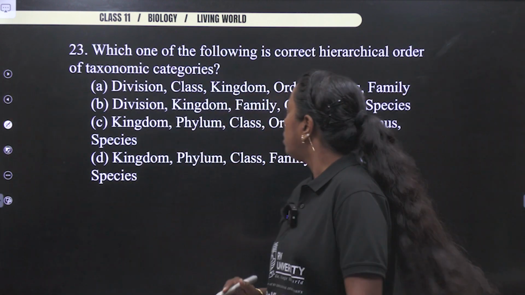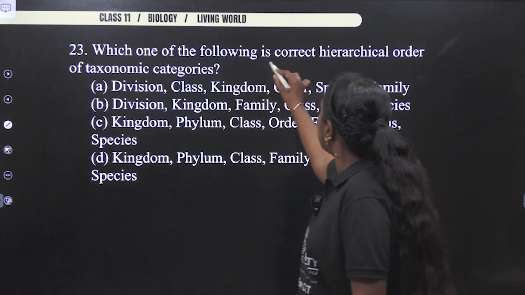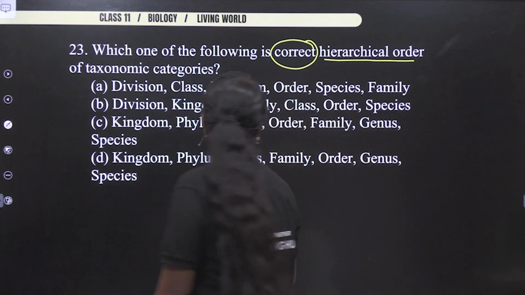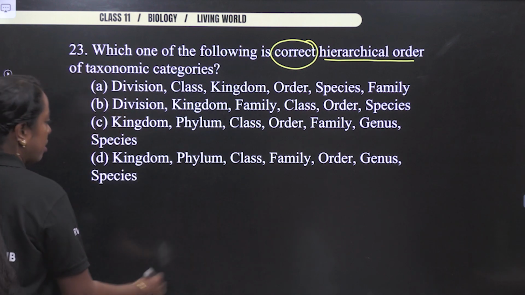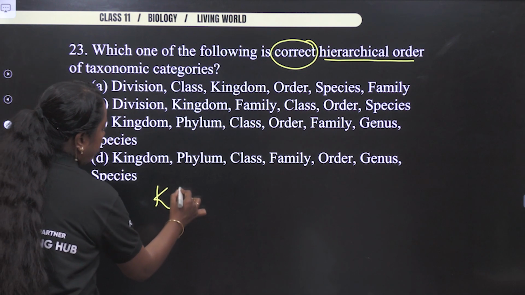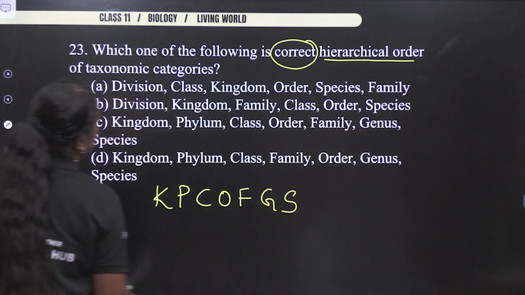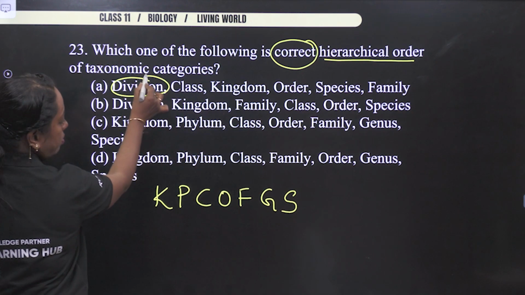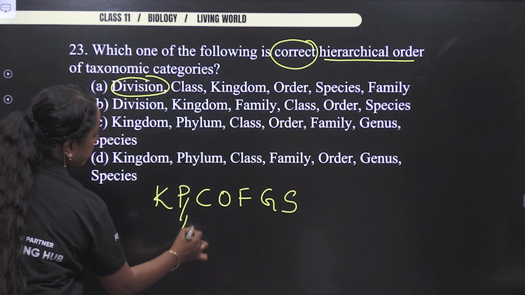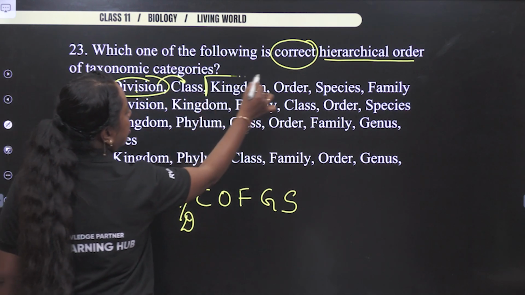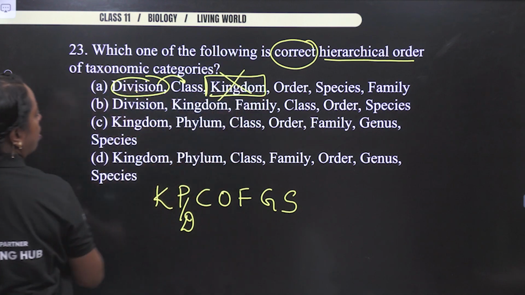Next question. Which of the following is correct in hierarchical order of taxonomical category? So again, write the same thing. King Philip came over for good soup. After division. Okay, for phylum I can also write division here. After division, do you see a class? But what is here? Kingdom. So thereby the statement is wrong.